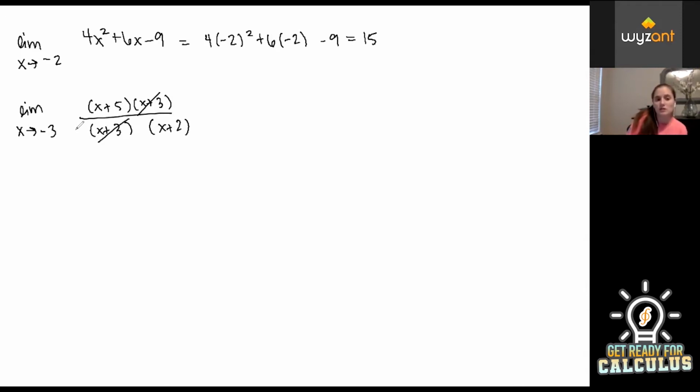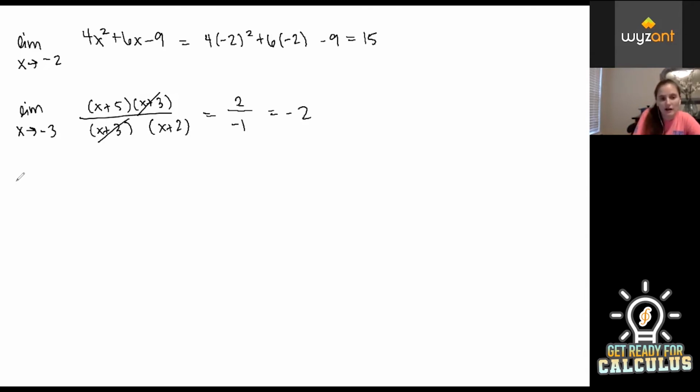So what you can do is then plug in. It's totally okay to have a hole at that point, but the limit will be whatever you get after you cancel out the hole. So if you plug in -3, you get 2 over -1. So your answer would just be -2 for that one. The actual function there at -3 doesn't exist though because of that 0 in the denominator that you originally had.